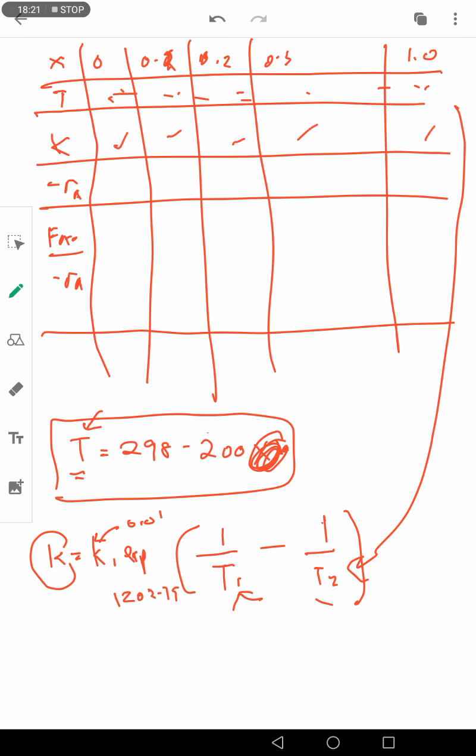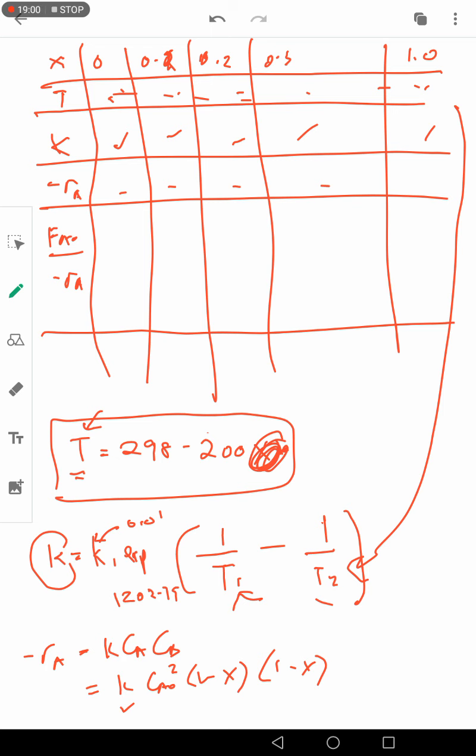Once you dapat nilai K, you boleh masukkan you punya rate law, because rate law just now you dapat K CA CB, in which K CA naught (1 minus X) CA naught (1 minus X), kan. So for each K ni, for each R ni, you masukkan nilai K dia, you masukkan nilai X dia, so you dapat negative RA. Okay, barulah you boleh cari FA0 over negative RA.